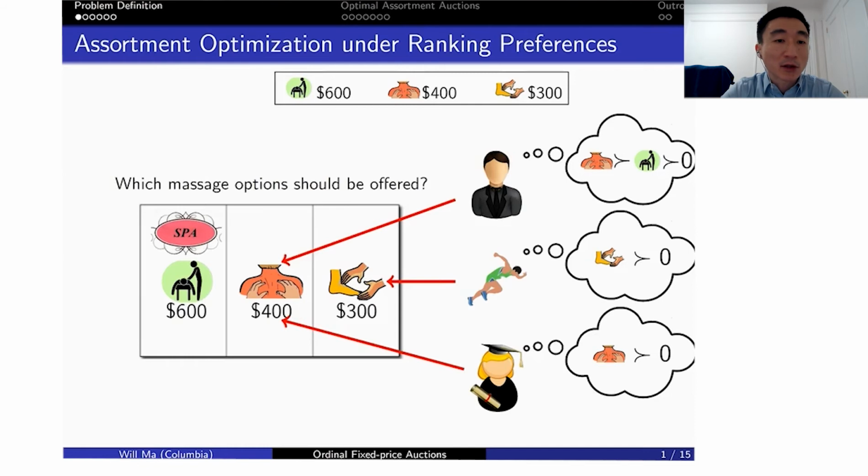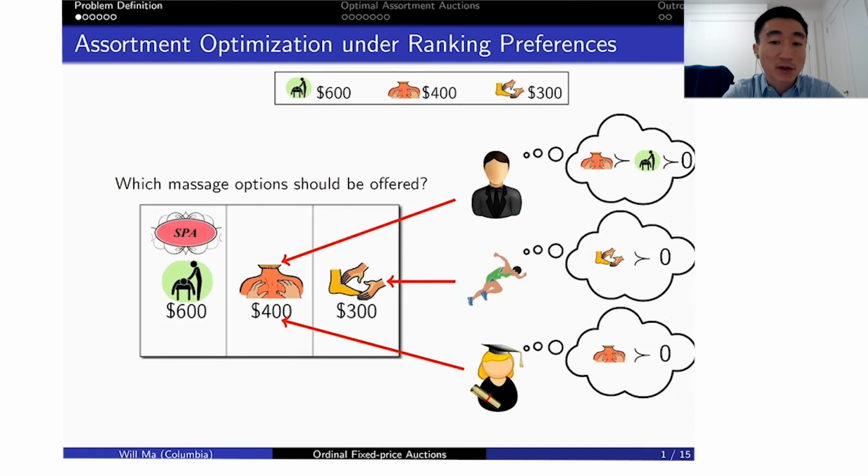But maybe I could increase revenue by, for example, not showing the back rub, because then the first customer type is going to get their second choice of the full body massage, and I'm going to get $600 from each of the business customers of the first type.